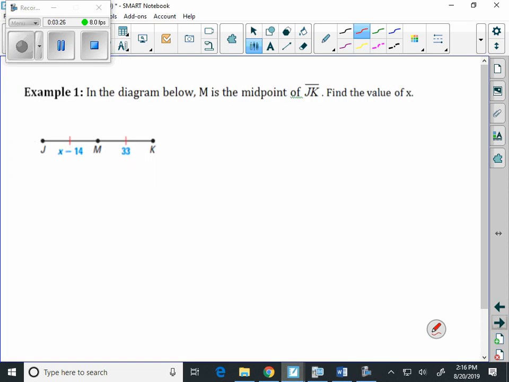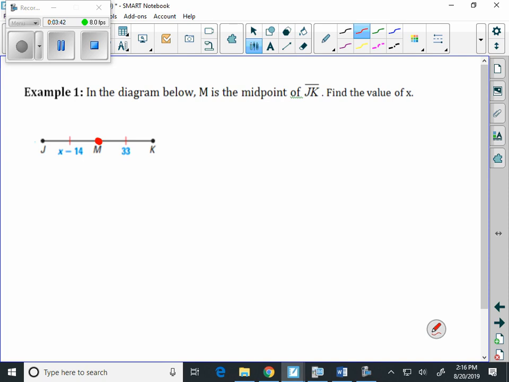So let's look at an example of this one. It says, in the diagram below, M is the midpoint of segment JK. Find the value of X. Well, here we're right in the middle.